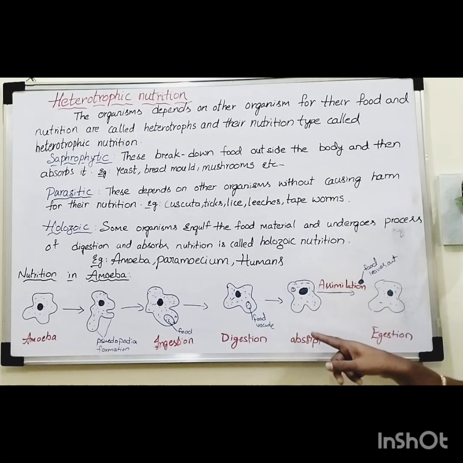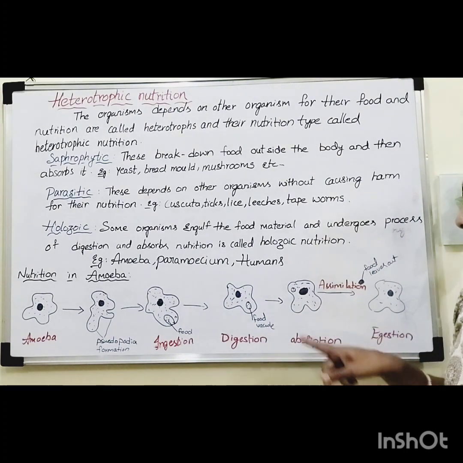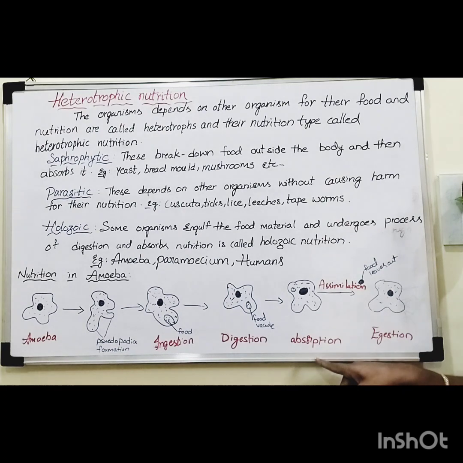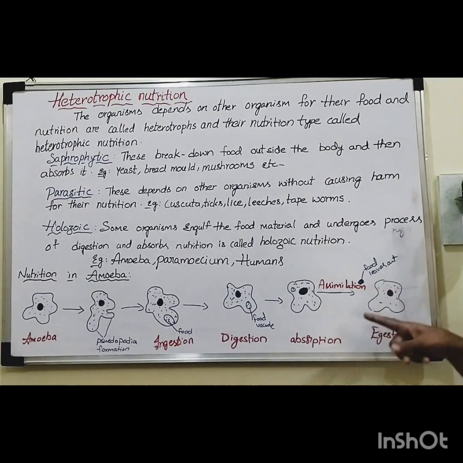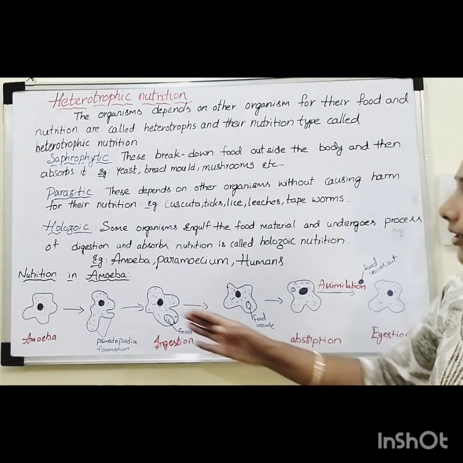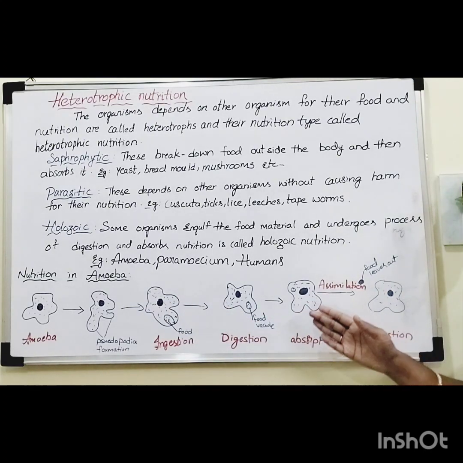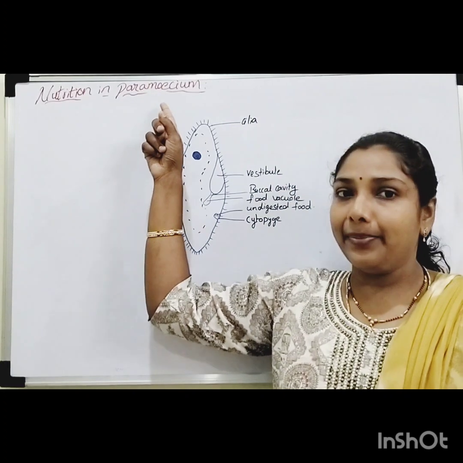After digestion, the digested food has to be absorbed by the cell. After absorption, the food material is assimilated and the waste egested. So these are the different steps you can observe in a unicellular organism. Nutrition in paramecium.